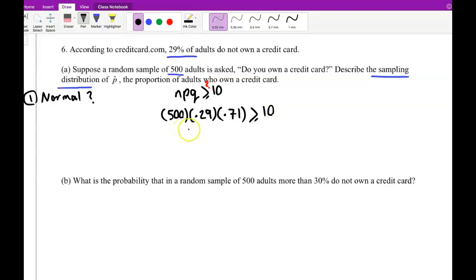So here is 10.229, and this is greater than or equal to 10. With that, this one is normal.